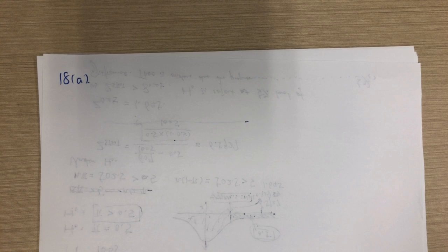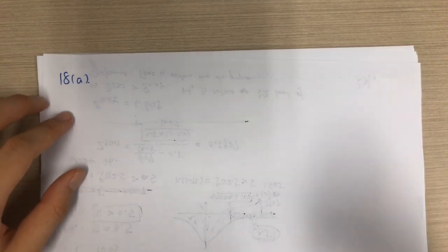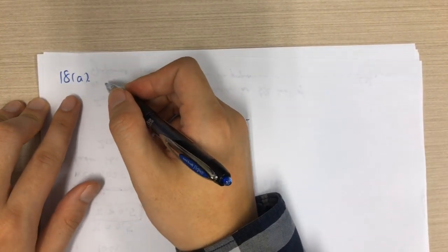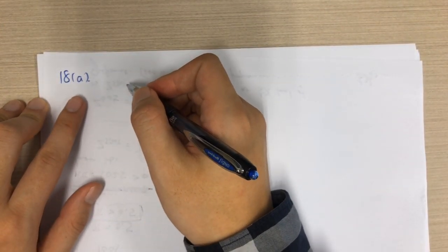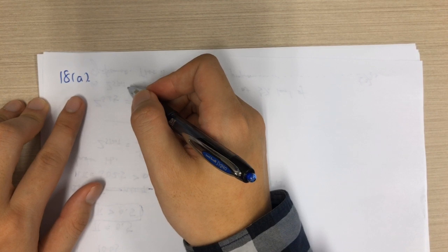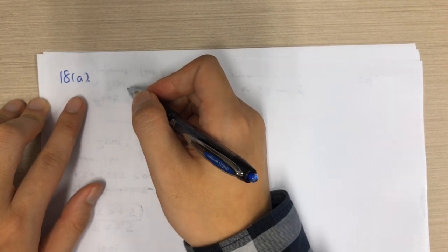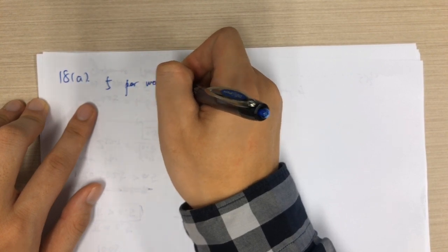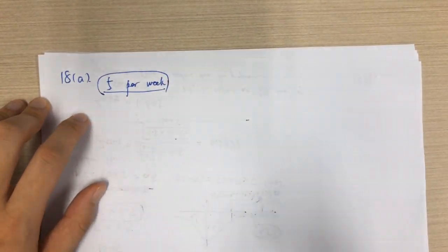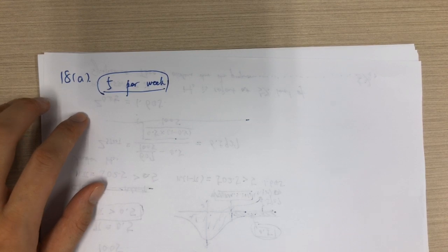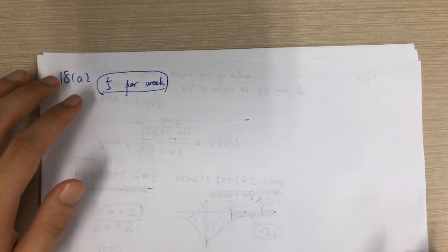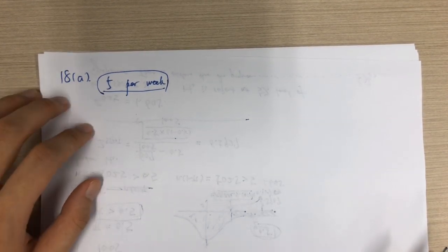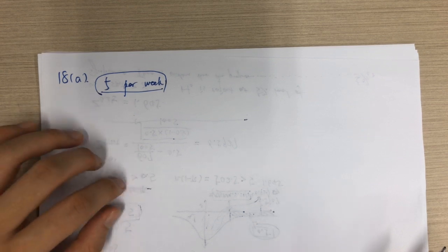Traffic accidents occur at an average of 5 per week at a certain intersection. Oh, so many, right? So part A says, what distribution does time between accidents follow?